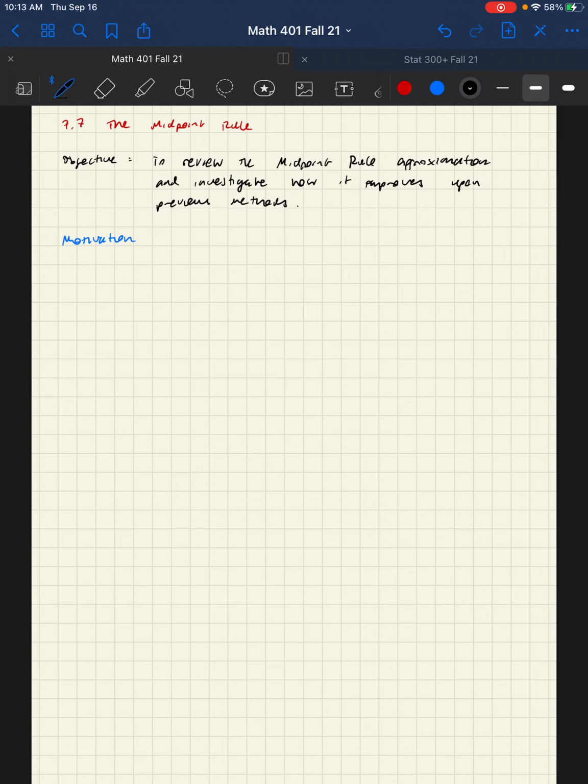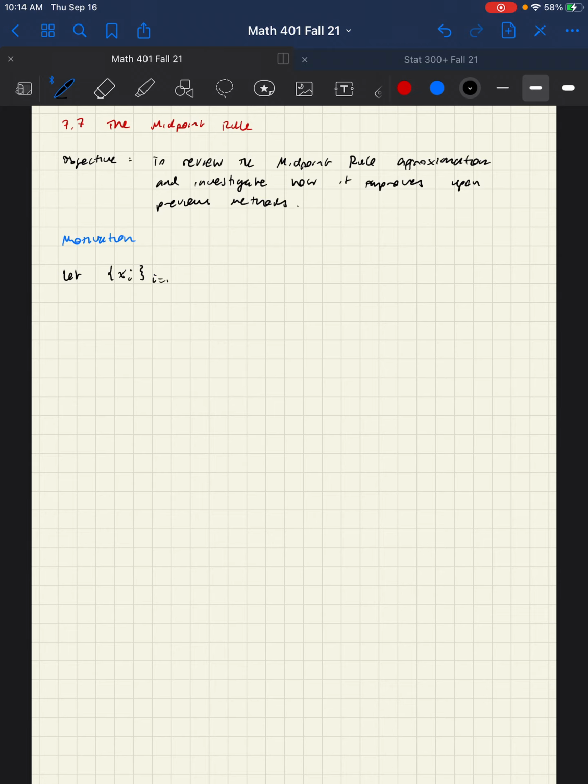As we do in all of these techniques, we start by taking a and b and subdividing it into these points x sub i. But here, rather than taking an endpoint, which is likely going to be very different from the rest of the function values in each subinterval, we're going to take a midpoint.